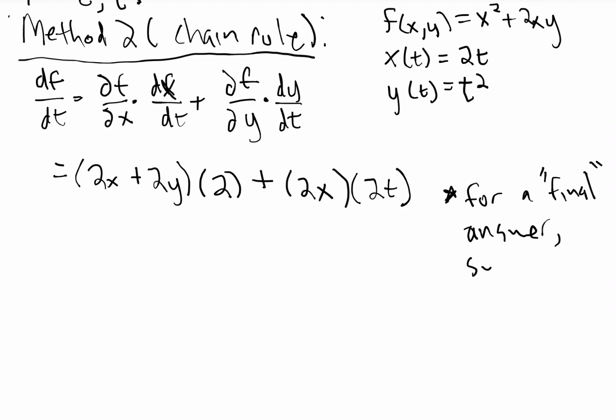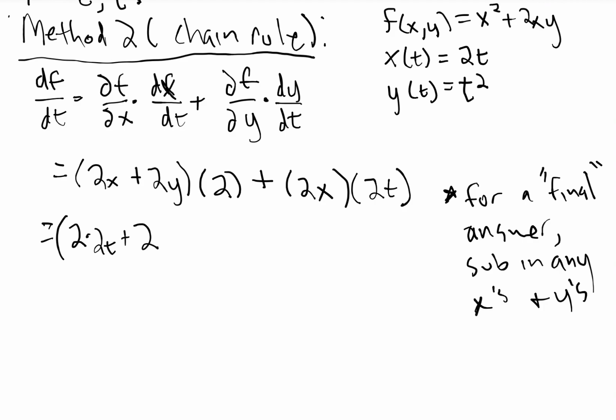You basically want to sub in any x's and y's that you have. Okay, so I'll go ahead and do that. My x of t function over here was 2t, so this is 2 times 2t. My y function was t squared, so this is 2t squared.